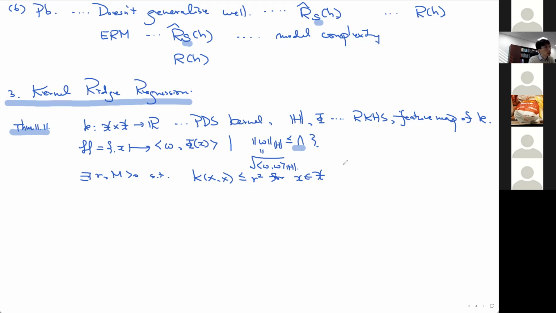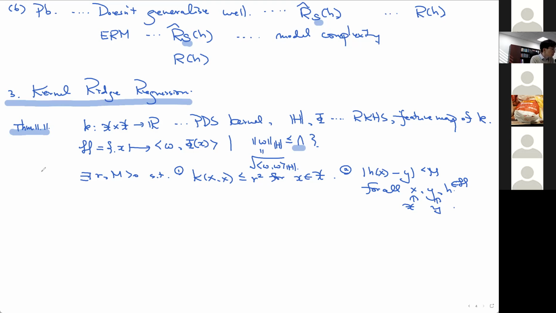The second assumption is quite strong: the loss is bounded. In this specific case, we care about squared loss, so we bound the distance between h(x) and y to be bounded by M for all x, y and h. Here h is from the hypothesis set, x is from X, and y is from Y.